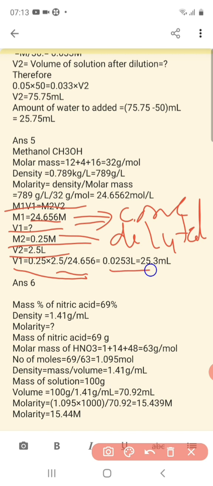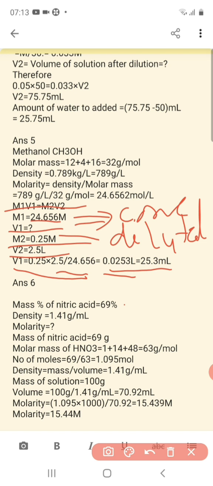On solving it you will get the volume in liter, and that is equal to 0.0253 liter. It means how much volume of this stock solution you have to take for diluting it up to 2.5 liter, that is equal to 0.0253 liter, and it is nothing but equal to 25.3 ml.